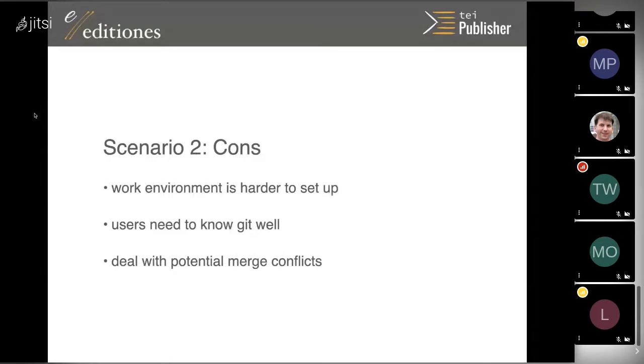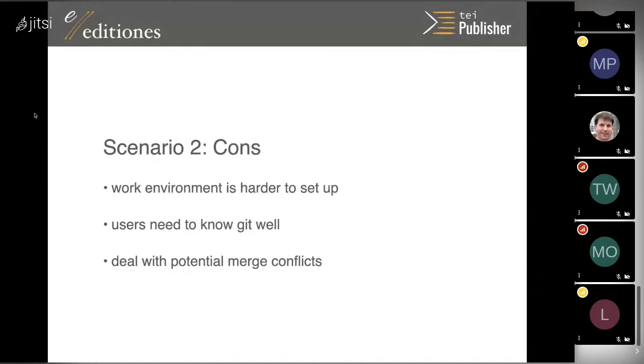So if two people have changed the same TEI file, it may happen that Git is unable to merge the changes by those two people automatically, and it requires manual intervention. So you need to know how to work with that.